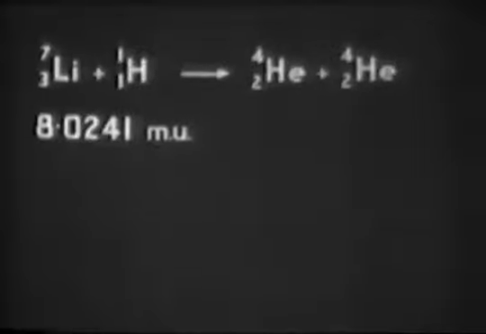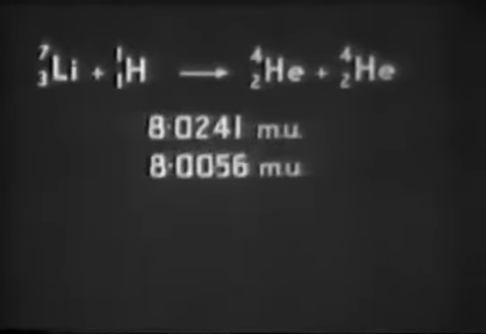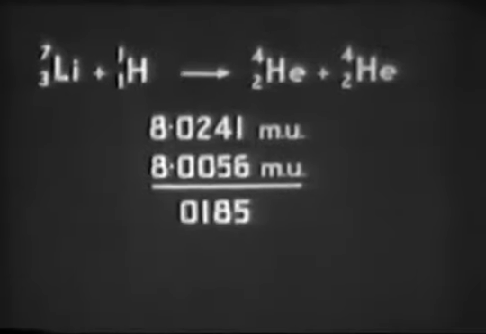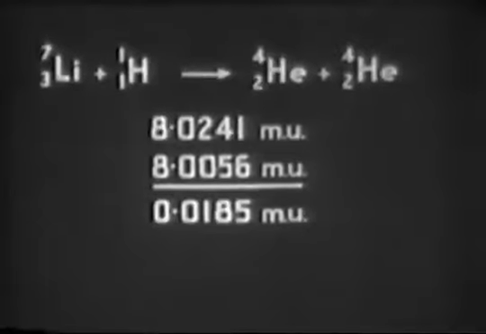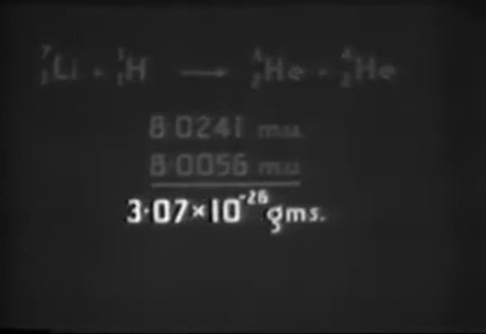On the right, 8.0056 mass units. There is a difference of 0.0185 mass units. Measured in grams, this amounts to 3.07 times 10 to the minus 26. It is this amount of mass which has been converted into the energy released in the reaction.